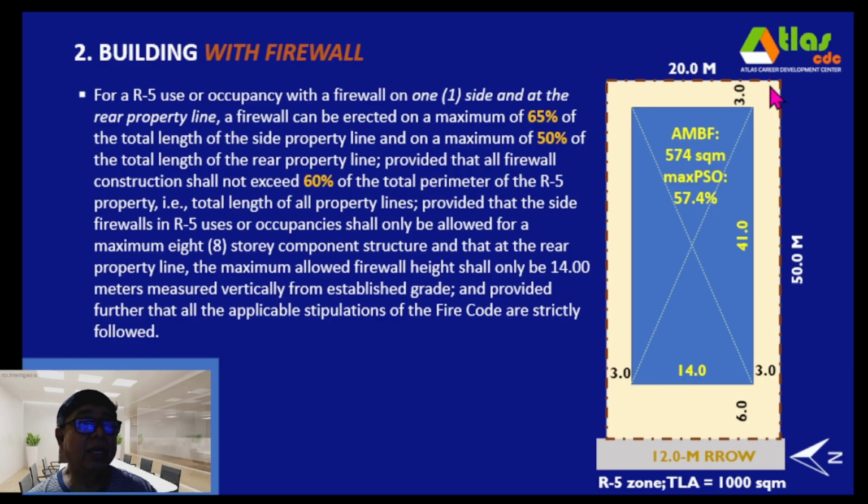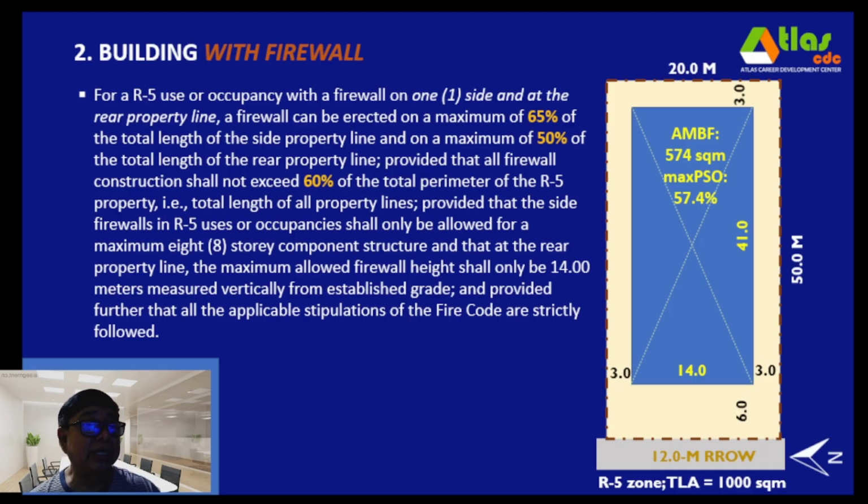Provided that all firewall construction shall not exceed 60% of the total perimeter of the R5 property, or the total length of all property lines. So, ibig sabihin, yung perimeter length natin, hindi lalampas ang dalawang firewalls of 60% of the perimeter of the lot. Provided that the side firewalls in R5 uses or occupancy shall only be allowed for a maximum 8-story component structure.